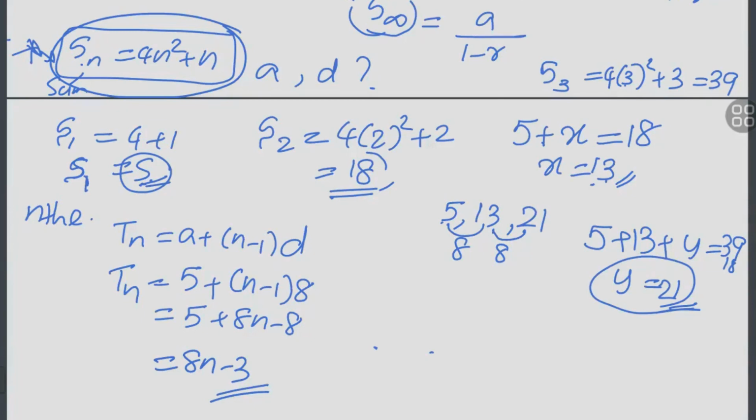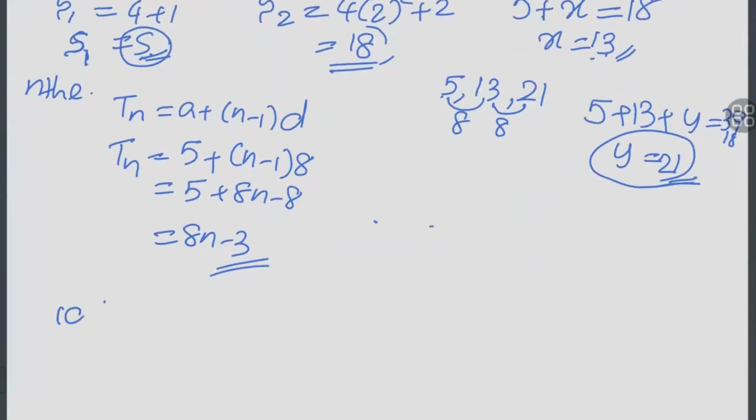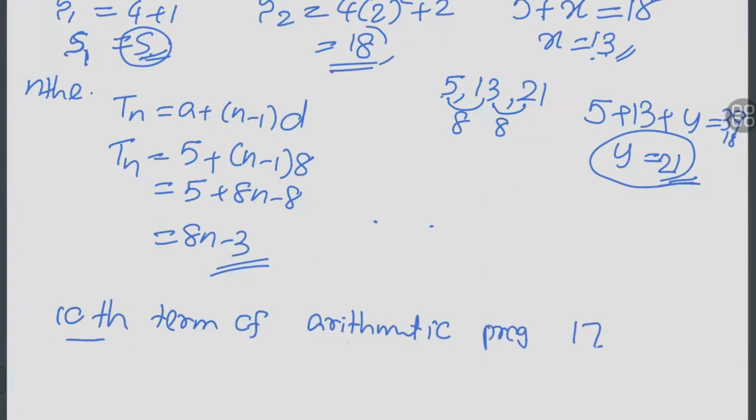I will do one question that includes all of this. Let's say the 10th term of an arithmetic progression is 70.